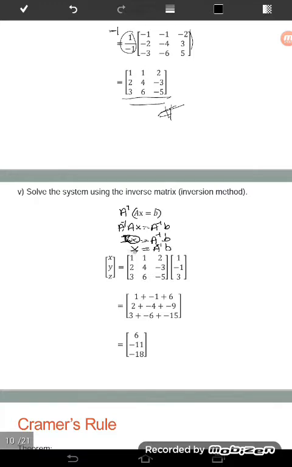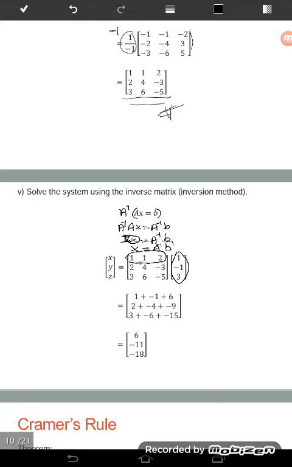Therefore, to find the value of the variable matrix X, Y, Z, we need to multiply the inverse of A with the matrix B. The inverse of A we already calculated here: 1, 1, 2, and matrix B is 1, -1, 3. So calculate row times column. 1 times 1 is 1, plus 1 times negative 1 is negative 1, plus 2 times 3 is 6.